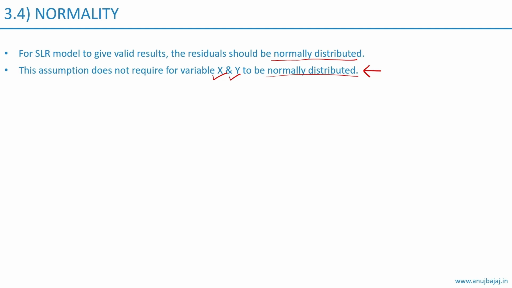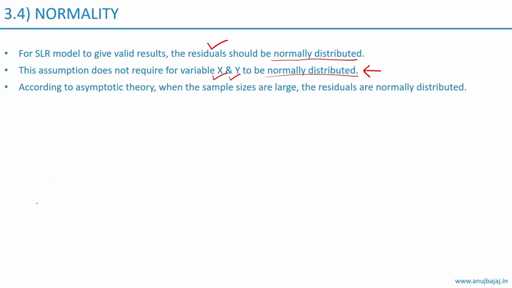This assumption only requires the residual terms to be normally distributed. And according to asymptotic theory, when the sample sizes are large enough, it is usually found that the residual terms are normally distributed. So when the sample size is large enough, it is safe to assume that the residual terms are normally distributed.